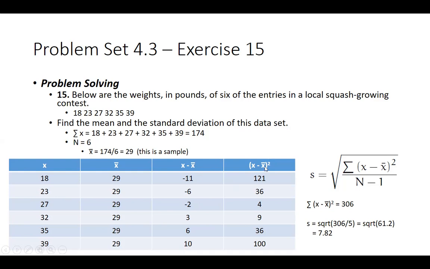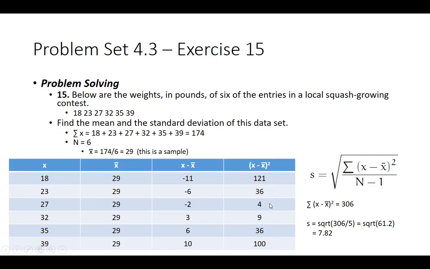Then we square each of those for the square column. -11 squared is 121. Negative 6 squared is 36. Negative 2 squared is 4. 3 squared is 9. 6 squared is 36. 10 squared is 100. We need the sum of these squares.